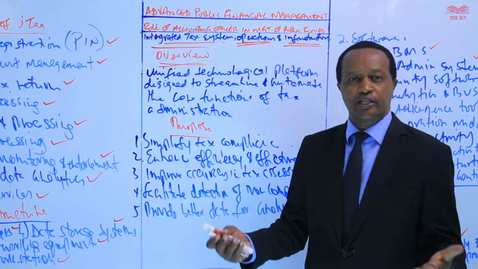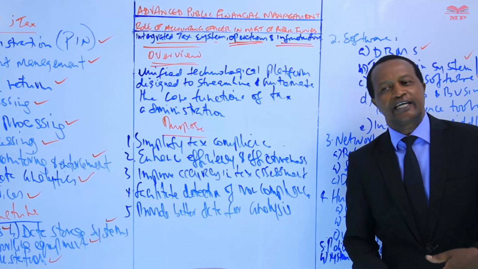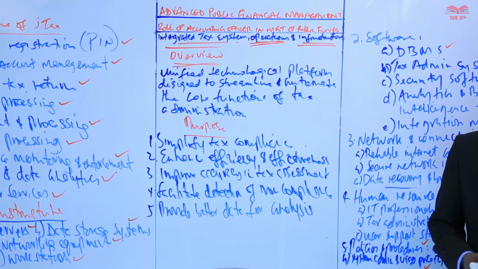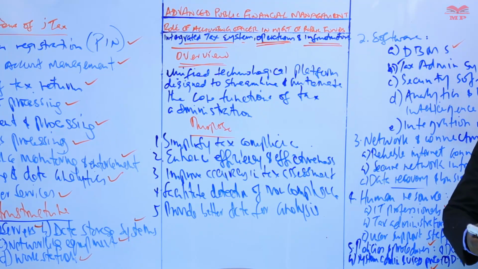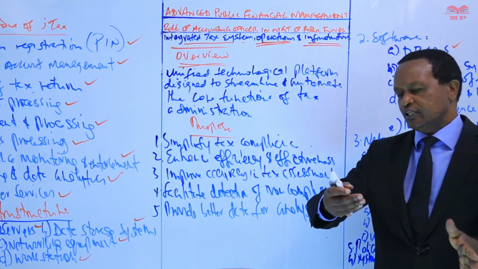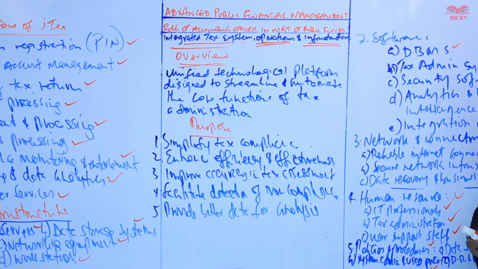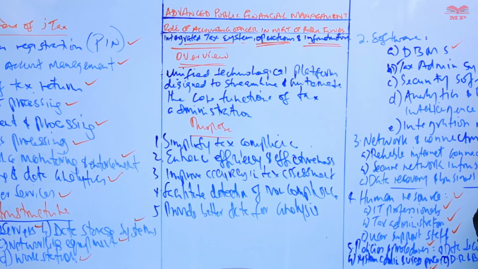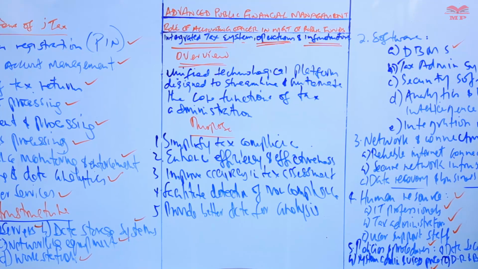And we've given an example of an integrated tax system. In Kenya, we have one that is known as the iTax. While it's facing ongoing efforts for improvement and optimization, the iTax represents a significant step towards an integrated and modernized tax administration.